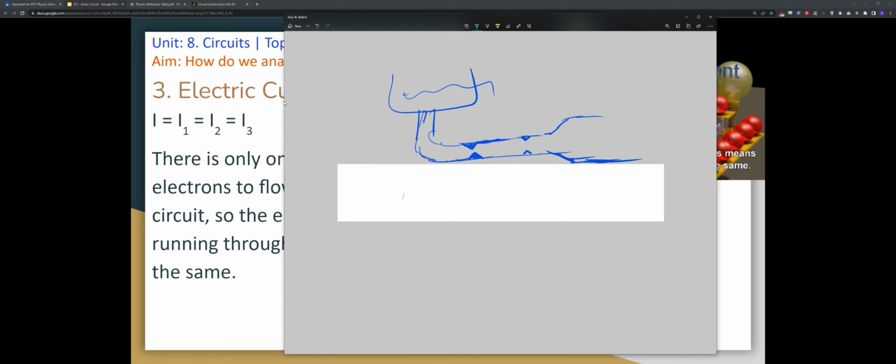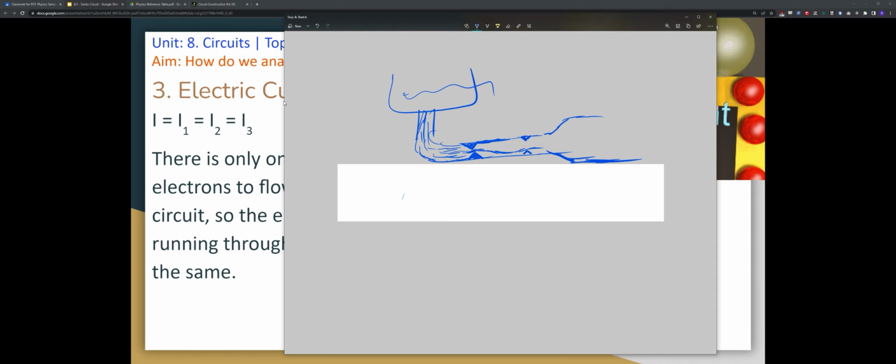As water goes through this pipe, it is limited by the first obstruction, so there's not a lot of water that can flow through the pipe. As a result, the amount of water that can flow through the next obstructions is very little as well, because the first obstruction limits the amount of water coming out.